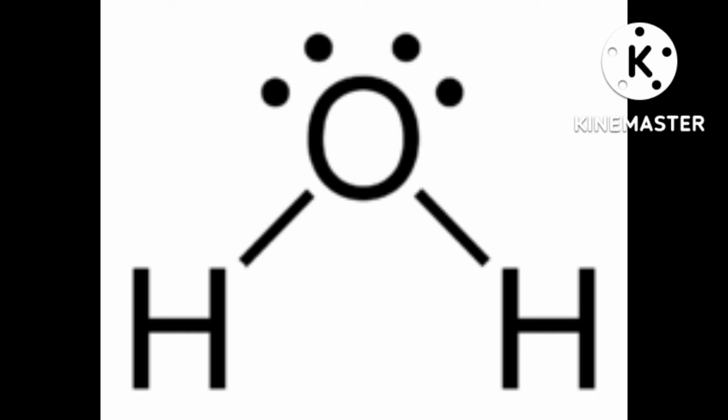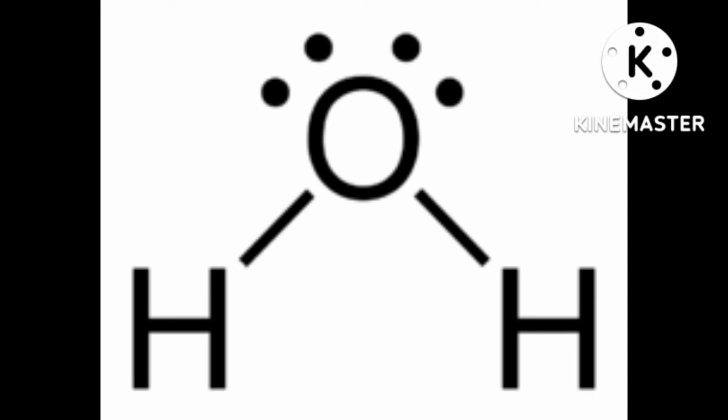For example, I am telling you the Lewis symbols for the elements of the second period. I am giving an example. Lithium, Li. You know the second period, what are the elements?